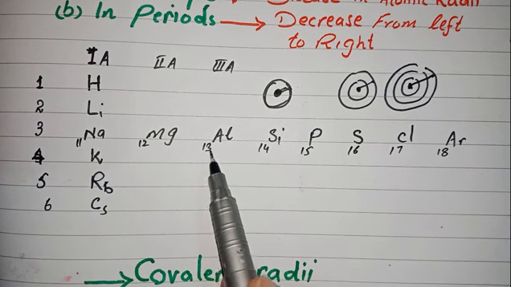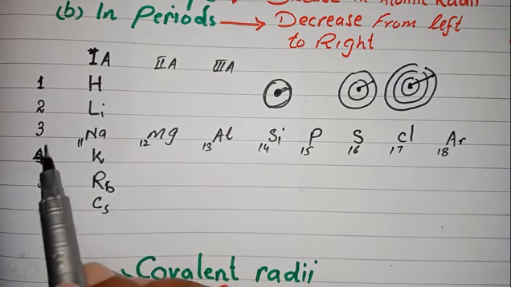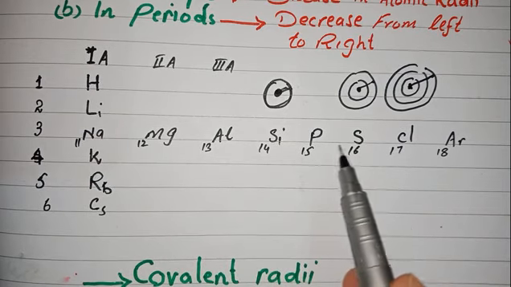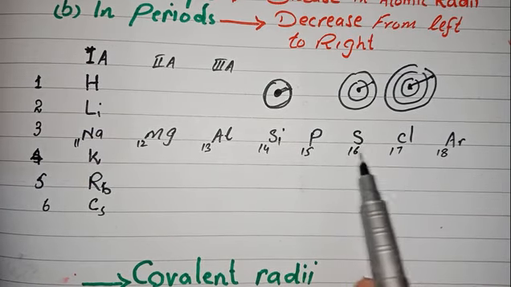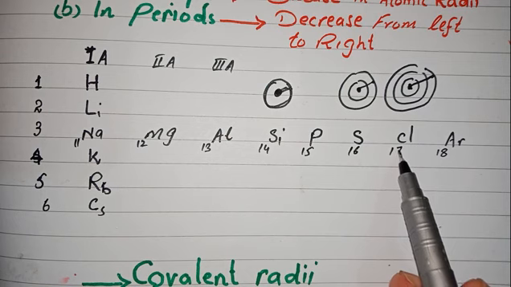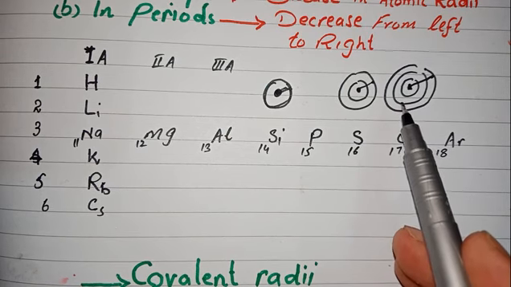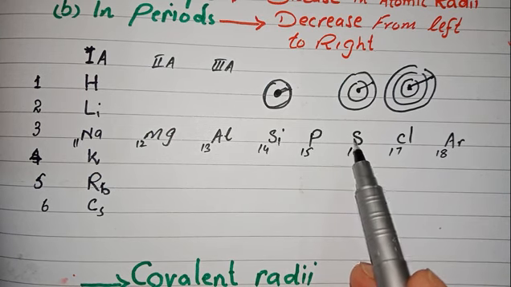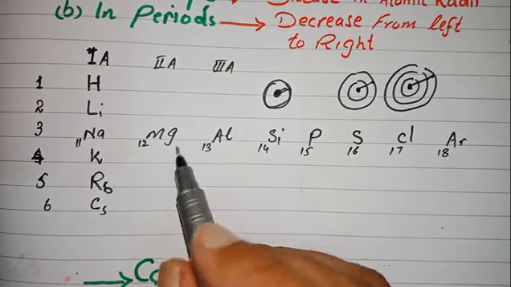Obviously, the attractive force on the third shell increases gradually as the atomic number goes on increasing. There are 17 protons in chlorine which attract the valence shell more strongly toward the nucleus. As a result, the atom shrinks and the size of the atom gradually decreases.